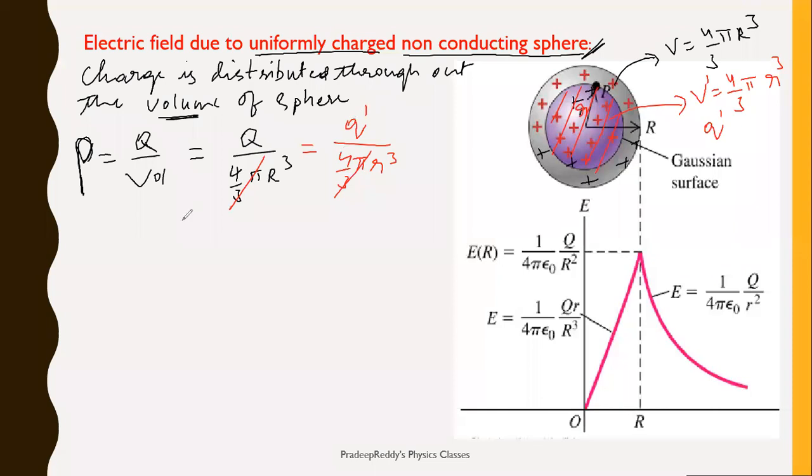Q dash, which is the charge in this particular smaller sphere, will be equal to capital Q by R cube into small r cube. Or you can even write rho into 4 by 3 pi small r cube, because Q by 4 by 3 pi R cube can be written as rho. Let me take this as equation number 1.